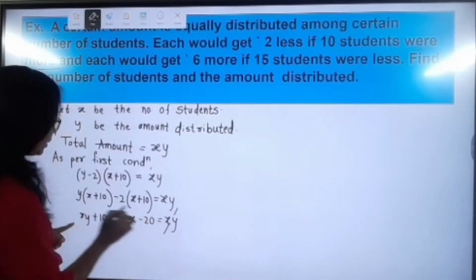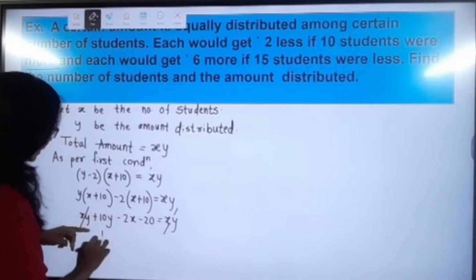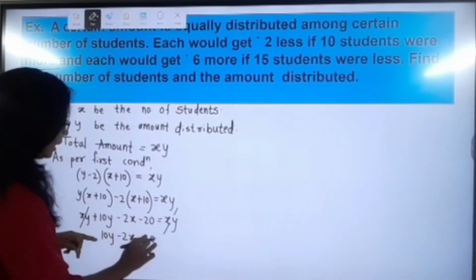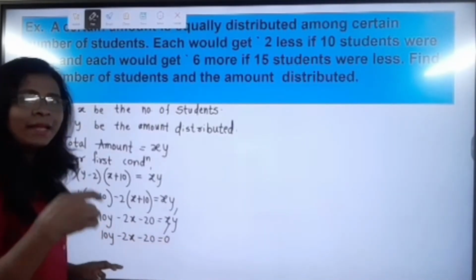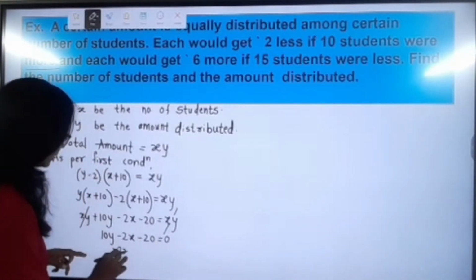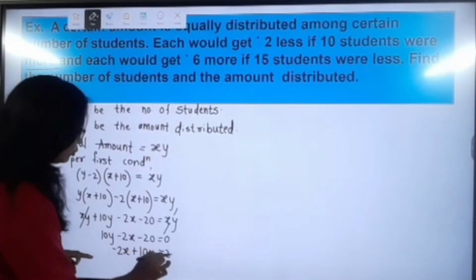xy on both the sides gets cancelled. The remaining part is 10y minus 2x minus 20 is equal to 0. So I further simplify it: minus 2x plus 10y is equal to 20.